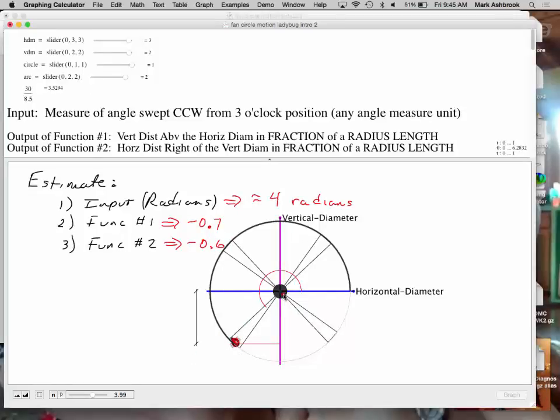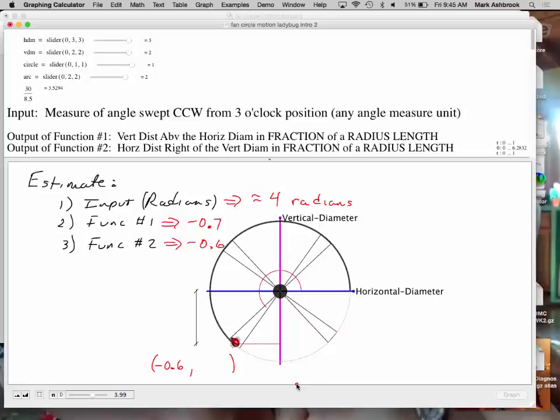So this horizontal distance to the right is really the same as what familiar thing you've been dealing with your whole math career? X coordinate, right? So what are we estimating that to be? Negative 0.6. That's the output of function 2.